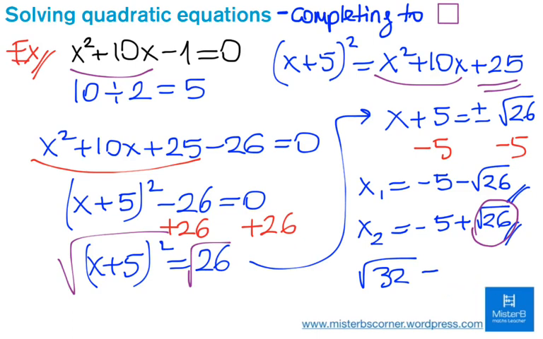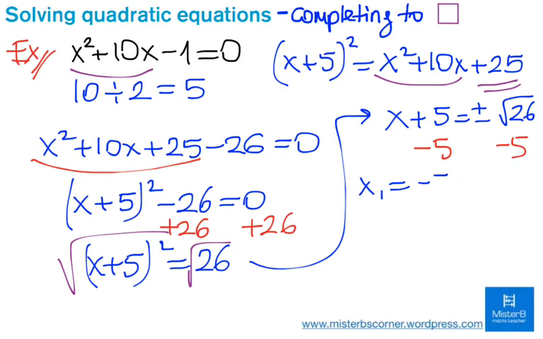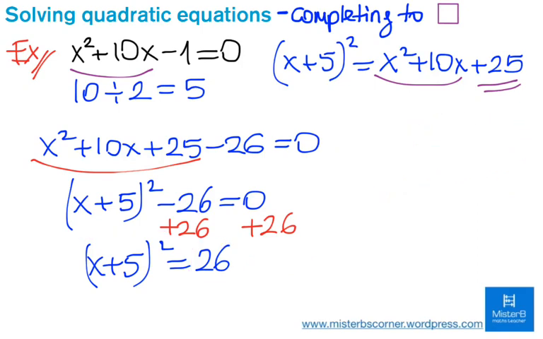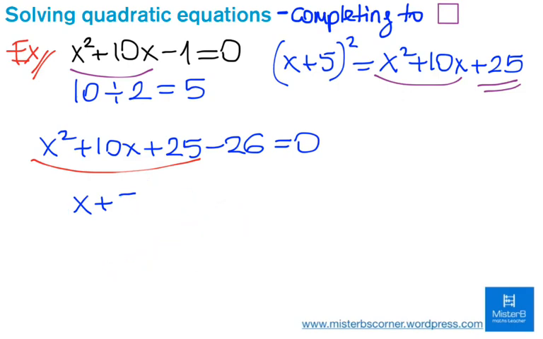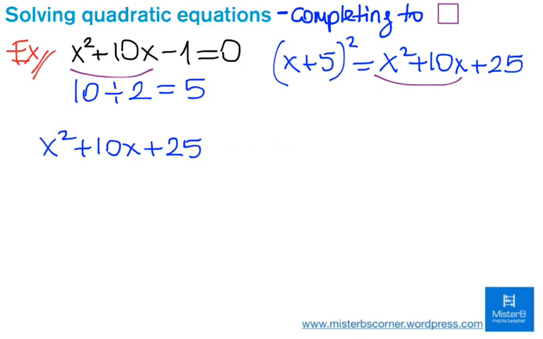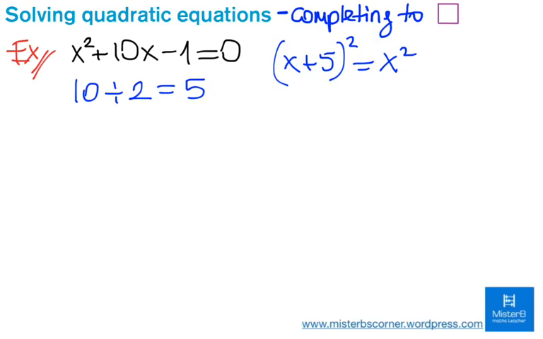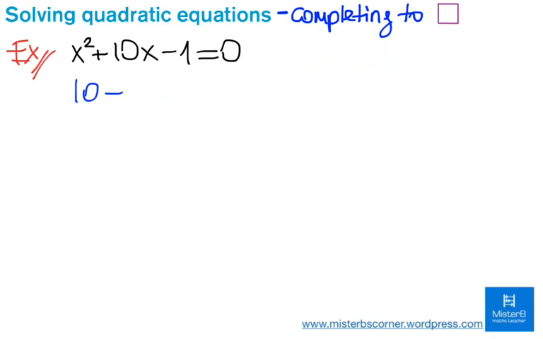Now there are cases where you can use completing the square, however, you may not find a solution. So let me give you an example like that. You do completing the square, you try to solve the equation, but because of the square root, you won't be able to solve the question. So suppose that we have plus 28 here.